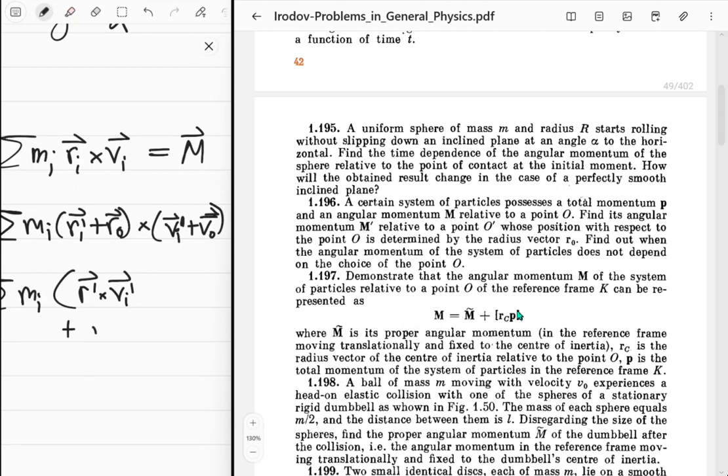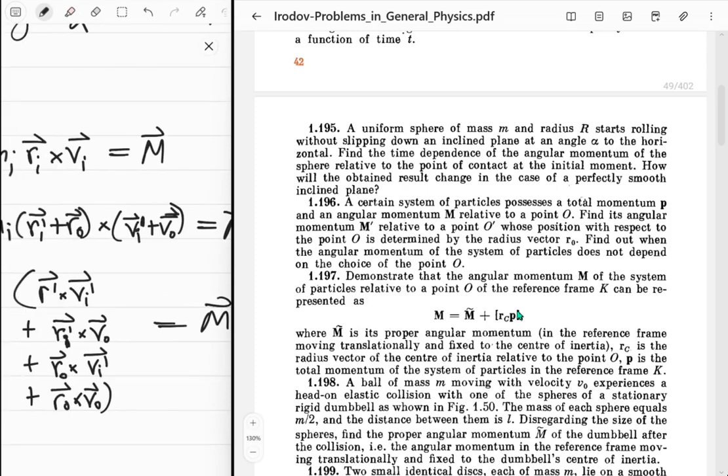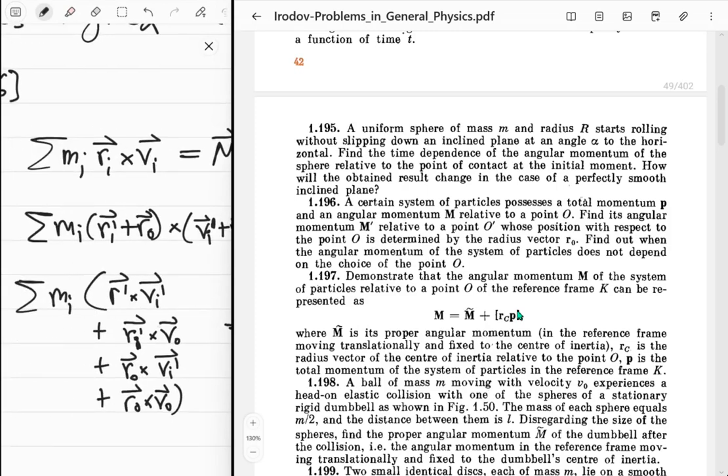It's going to be ri dash vector cross v naught vector plus r naught vector cross vi dash vector, and then plus r naught vector cross v naught vector, right? This is equal to our angular momentum. Now this thing, so mi ri dash vector cross vi, that summation is what we call m dash. So this is the angular momentum as seen by O dash, right?